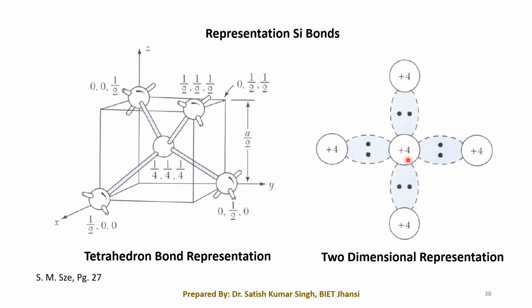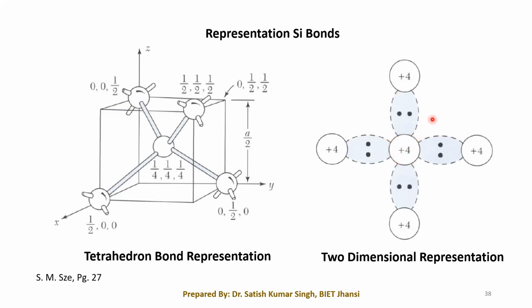So if it denotes the inner shells plus nucleus, then you can understand that in the nucleus we have plus 14 protons, and in the inner shells the total number of electrons is minus 10.